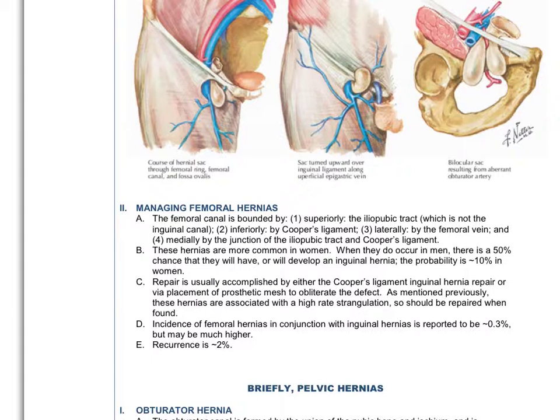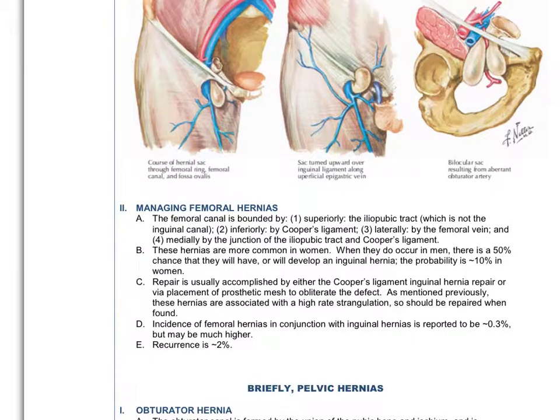Recurrence is low, because when you're in this region, it's basically the same region as when you're repairing an indirect or direct inguinal hernia. To note, the incidence of this hernia with those hernias is seen to be about 0.3%, but it's thought that potentially the incidence is maybe even up to 15 times higher than this.